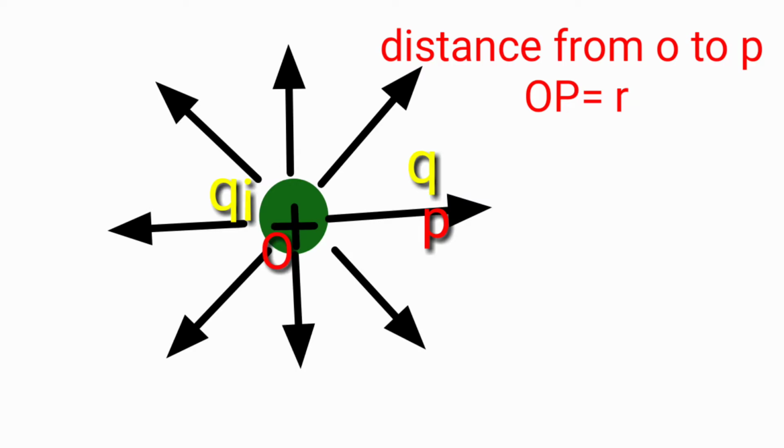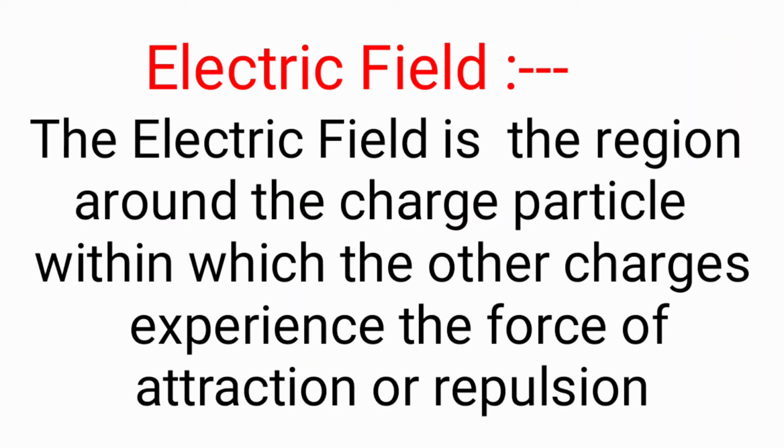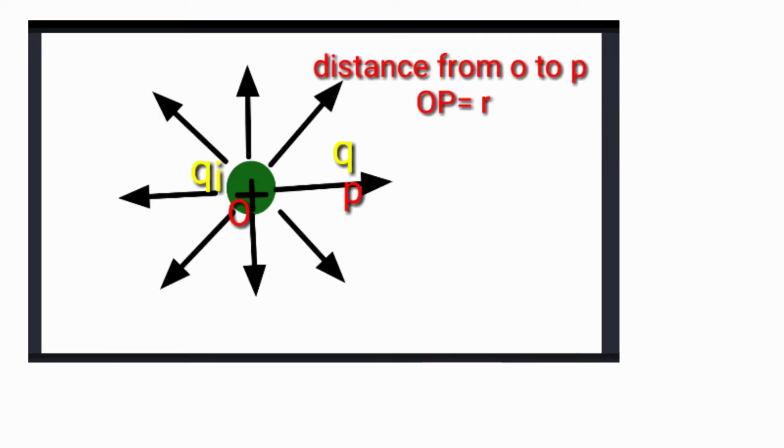So when another charge Q is brought to some point P in the field, a force acts on it. Electric field is defined as the region around a charged particle within which other charges experience a force.